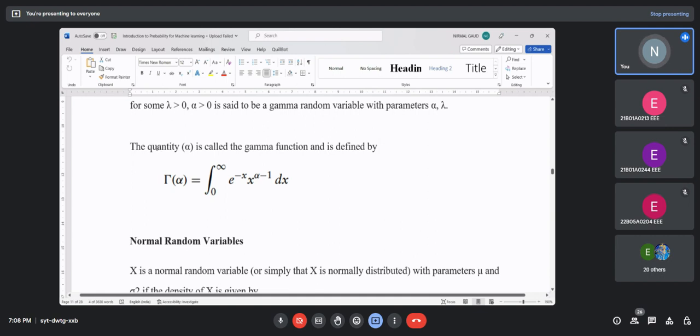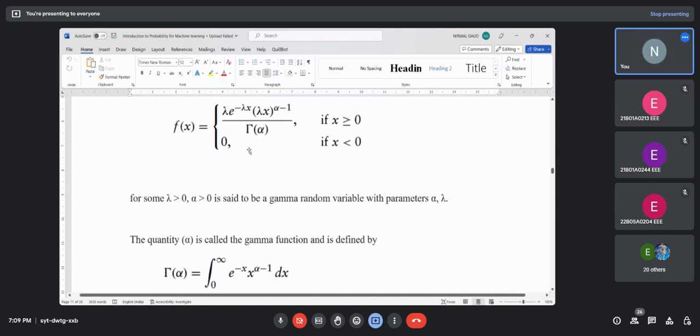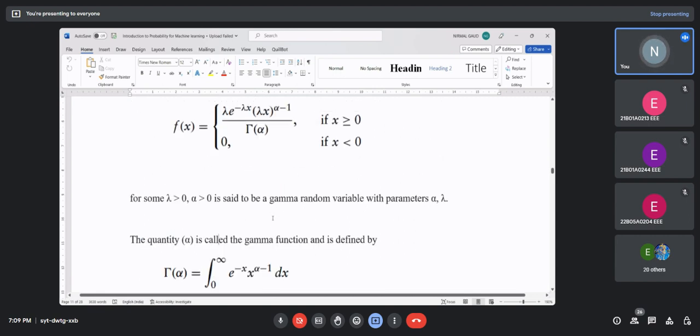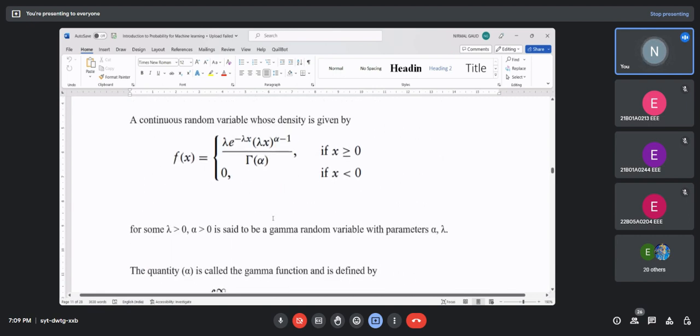All right, so here's a quantity alpha. Actually it's called gamma, though in our terms it's alpha. It's the gamma function, whose value is the integral from 0 to infinity of e to the power minus x, x to the power alpha minus 1 dx. Now, if you want to remember it you can; if you don't want to, that's okay.